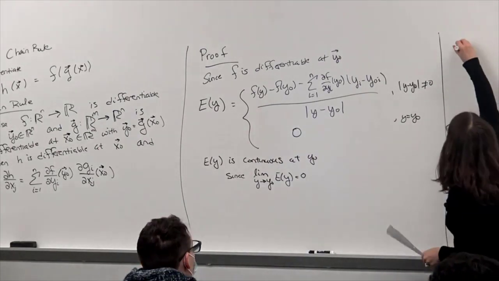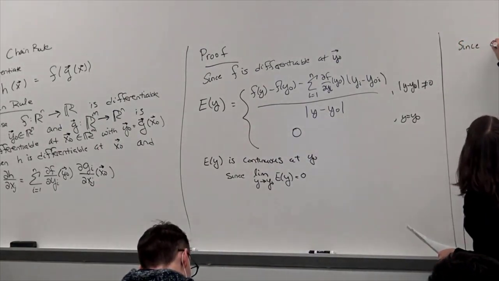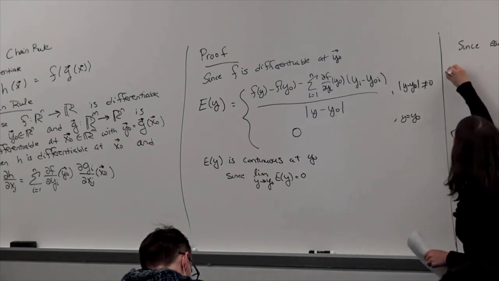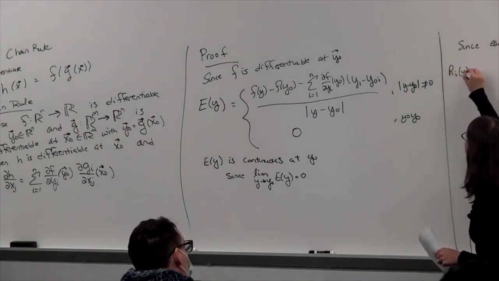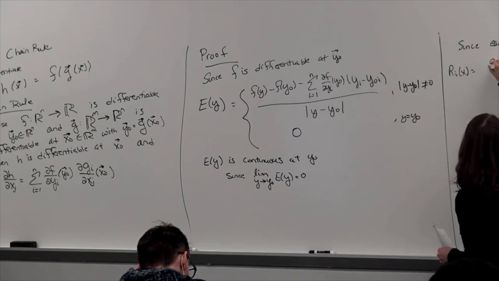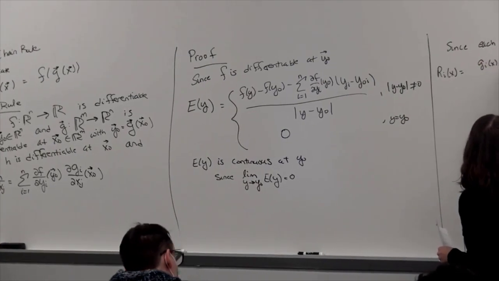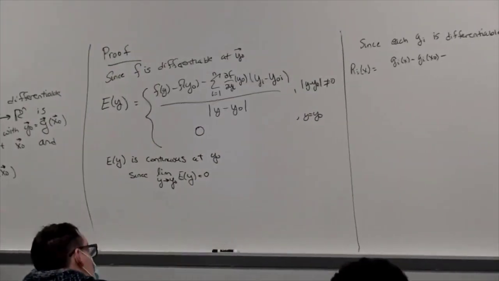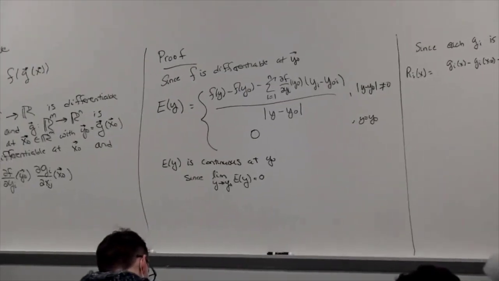Okay, so since each g_i is differentiable, we can define these guys. I'll call it R. Okay, and now we do the same thing. So g_i of x minus g_i of x0 minus, all right, now I have to sum through all the partial derivatives.